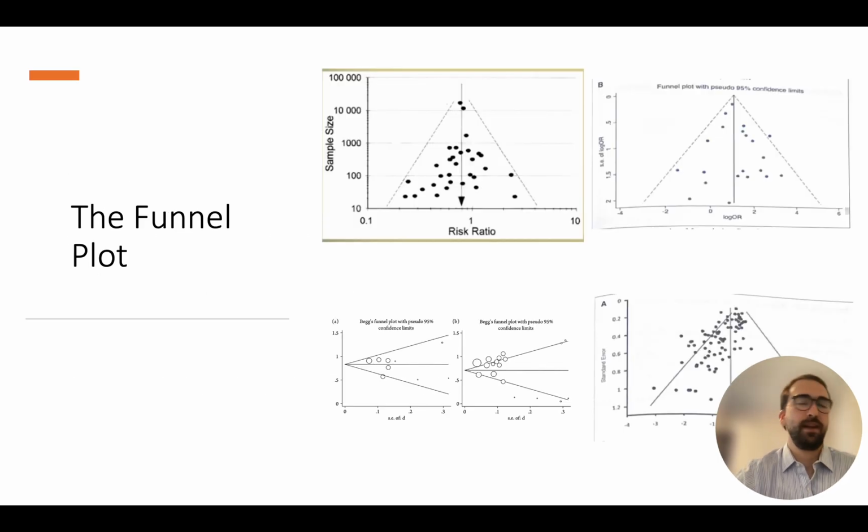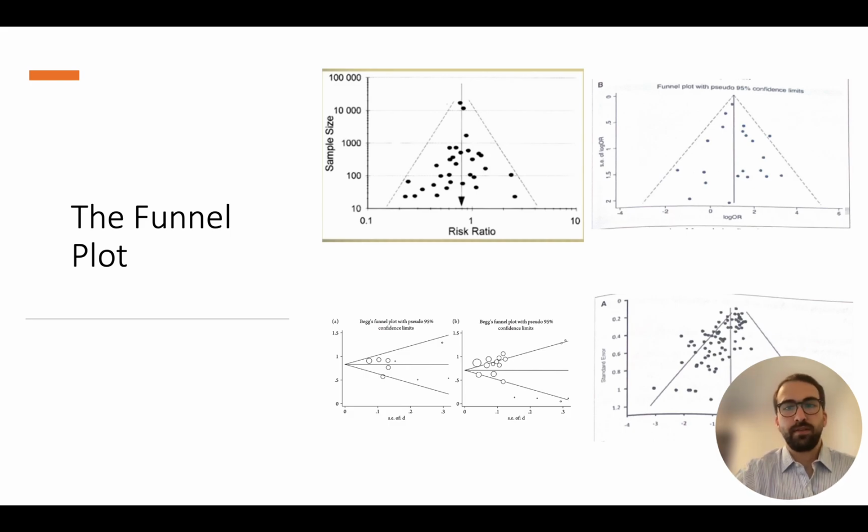So the next question is, how can we assess this, right? There are many ways, but today we will discuss the two main tools to assess publication bias. The first one is the funnel plot.